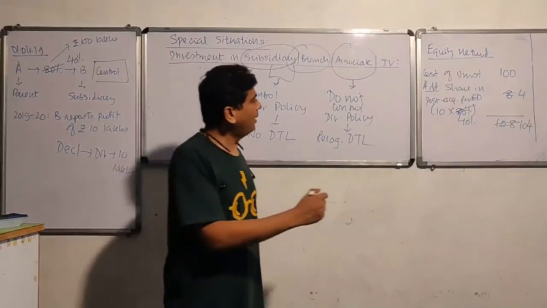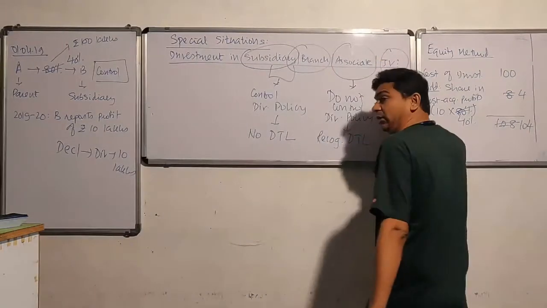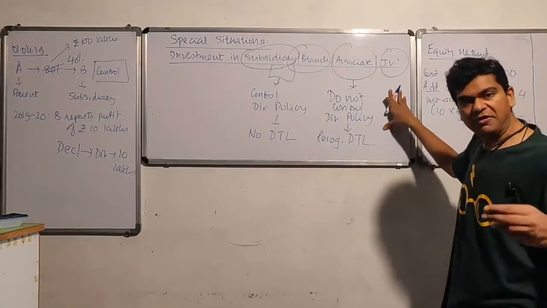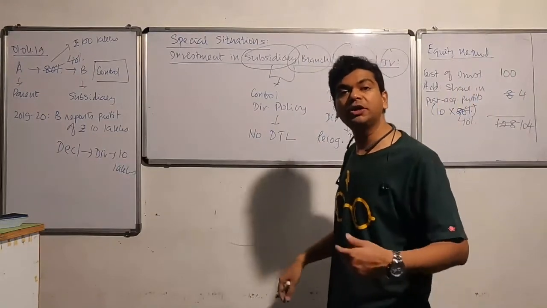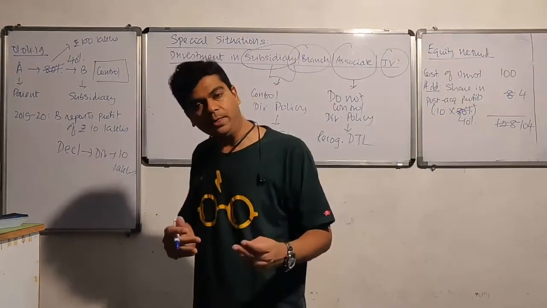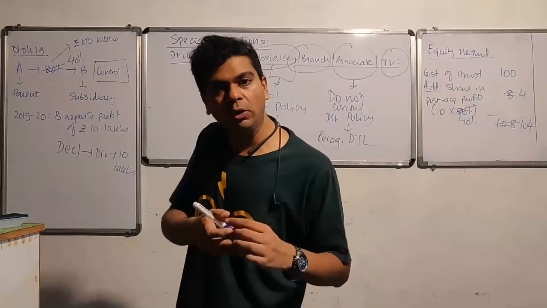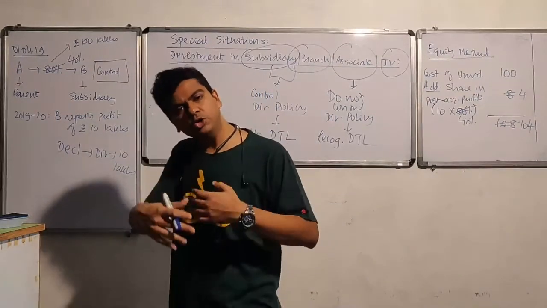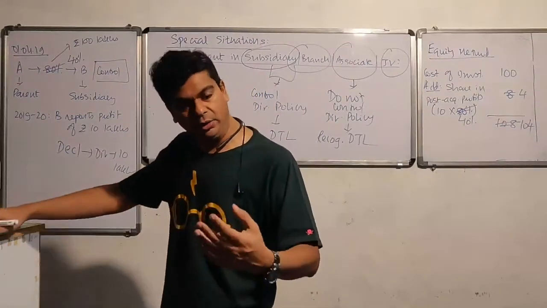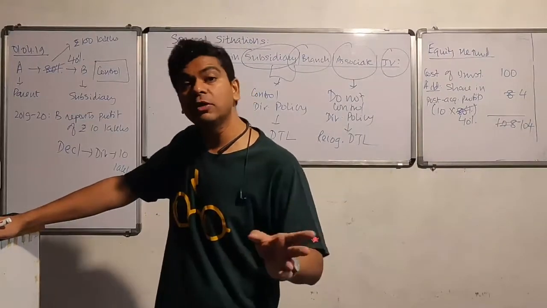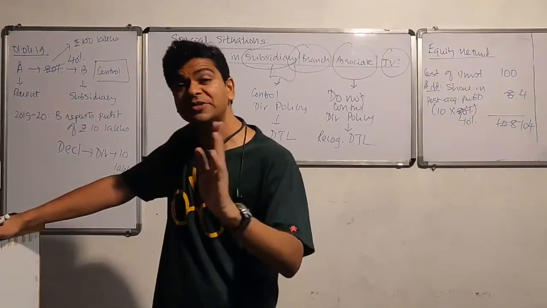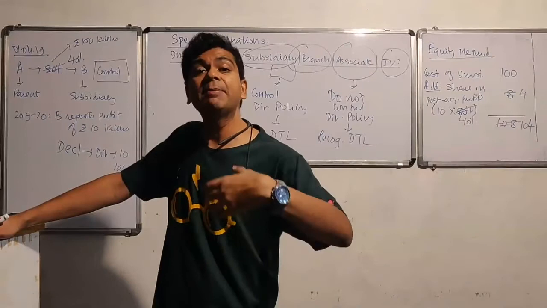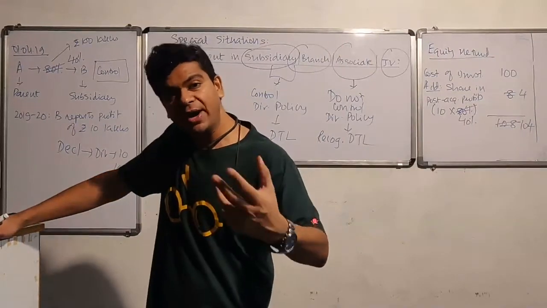Finally, what about a joint venture? In case of a joint venture, whether I am in a position to control the dividend policy, yes or no? Now what happens in a joint control is, usually there will be a contractual agreement, and in the contractual agreement it will be clearly specified whether there are any powers that the venturers are having.